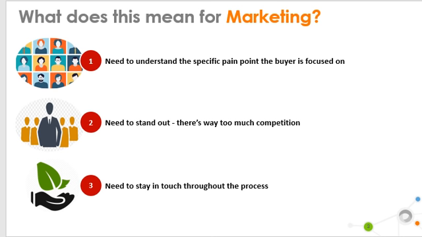Instead, you want to treat it as an ongoing interaction, as an ongoing relationship which you need to keep adding value to over the entire process so that the buyer remains engaged with you, not just for their initial purchase, not just for the initial transaction, but even after that. And a buyer that is well engaged with you has a very high likelihood of becoming an advocate of your brand, of becoming an evangelist of your brand, and spreading that awareness about your brand very simply through word of mouth.